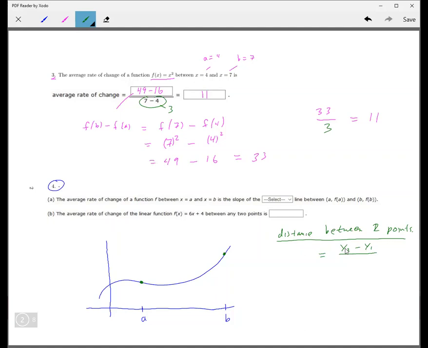What I meant to say was the slope of the line segment, all over x2 minus x1. So it's y2 minus y1 all over x2 minus x1.